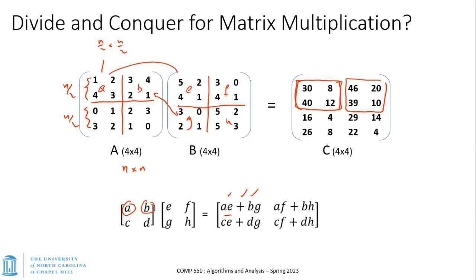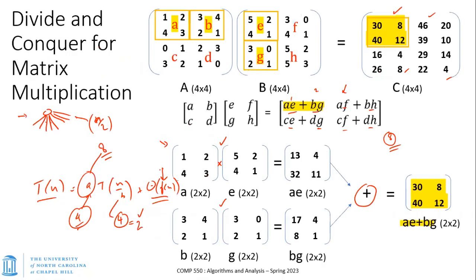If the original problem was of size n, now the smaller problem is of size n by 2. So that explains B. Is anybody still confused about why A is 8? Hopefully that's clear. So now if A is 8, B is 2, what is f of n?